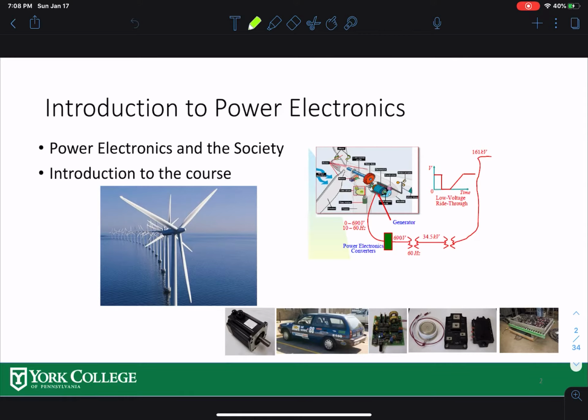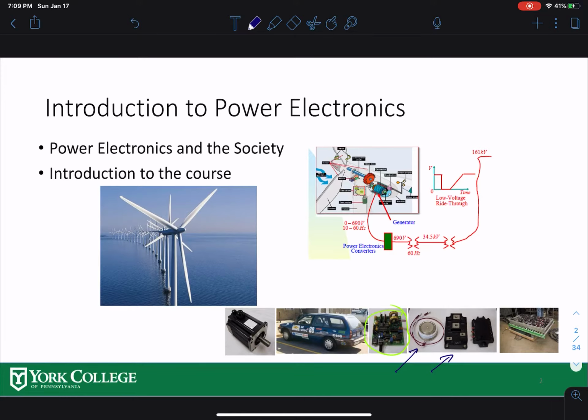Anything you buy from a store has an electronic circuit inside, and that's basically a power conversion circuit. Then there are SCR, silicon controlled rectifier, IGBT, and other power electronic devices. We're going to learn about them when I go through that course.